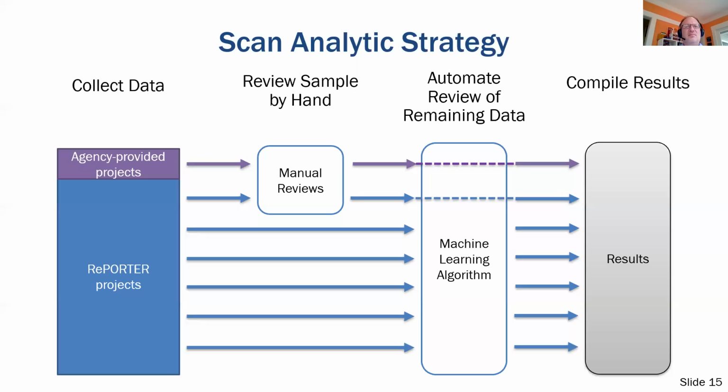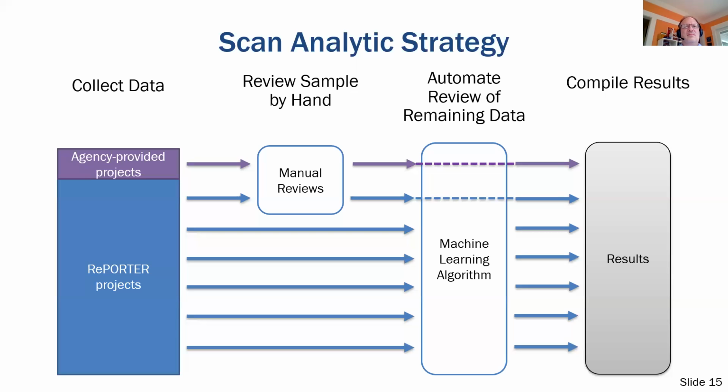Lots of these projects were from NIH, but others from AHRQ, CDC, and other agencies as well. So in total, we had just over 93,000 project descriptions that were within the scope of our list of agencies we were covering in the environmental scan, and that were within our time period scope of 2012 to 2018. So it's a large number.